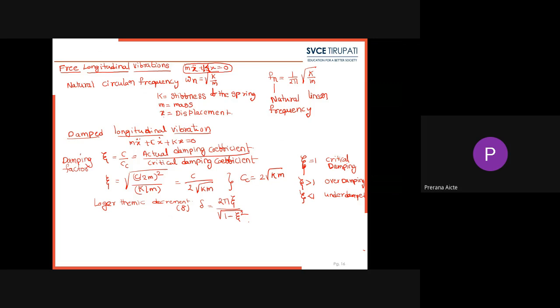Then I will write the equations. Maybe this one I'll consider as 1, and this is the second one.